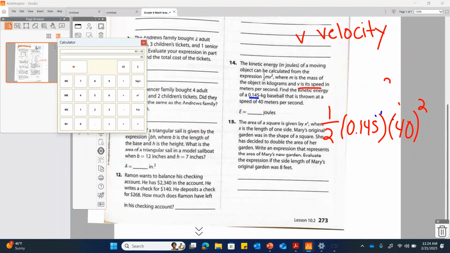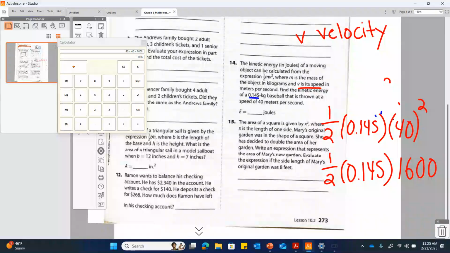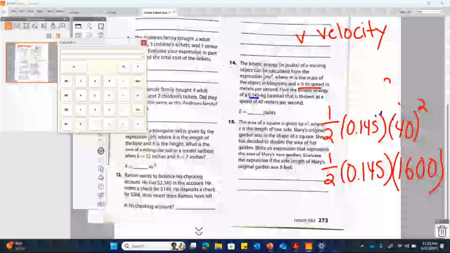So if I rewrite this, okay. Now, because I'm actually multiplying everything, even multiplying by half, I can multiply in any order, but let's follow what we learned about order of operations, which means first take 1/2 of 0.145.